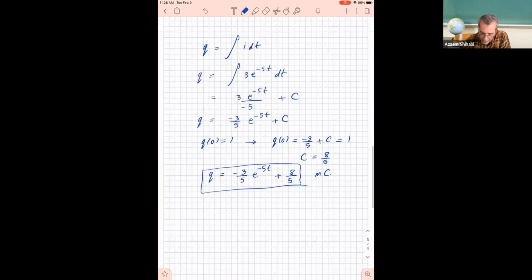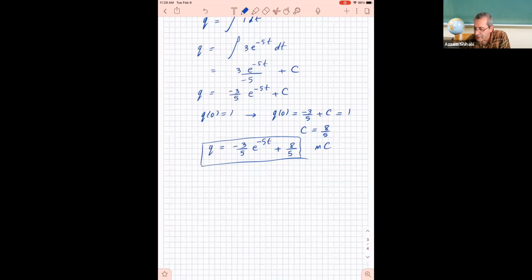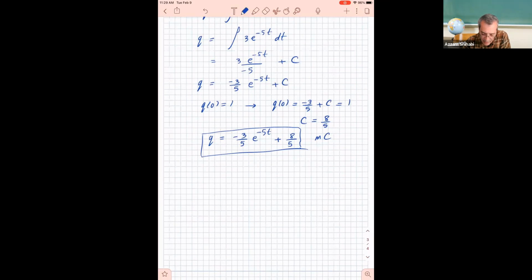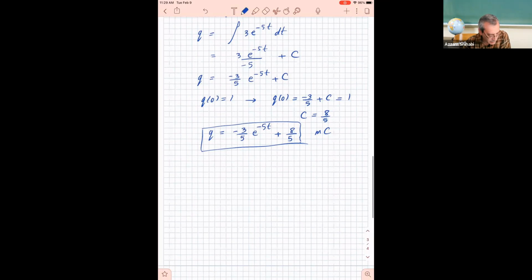Also, a very important quantity that we will always be calculating in this course is the voltage across a specific circuit element. So let's define the voltage. Number 2.